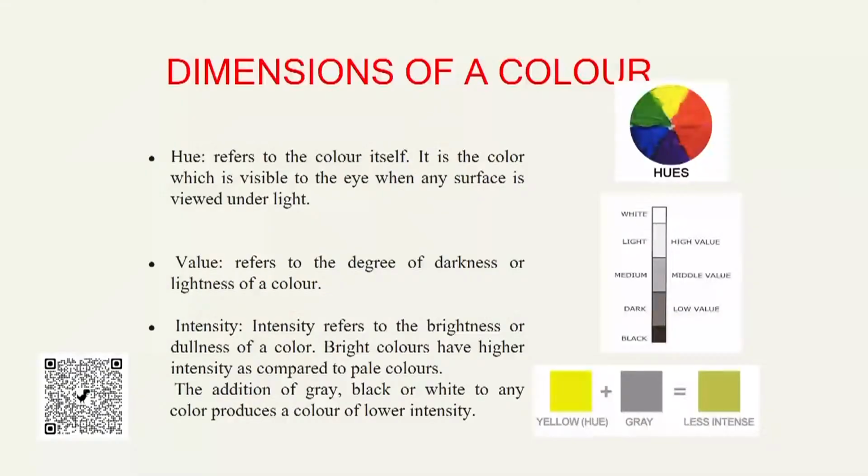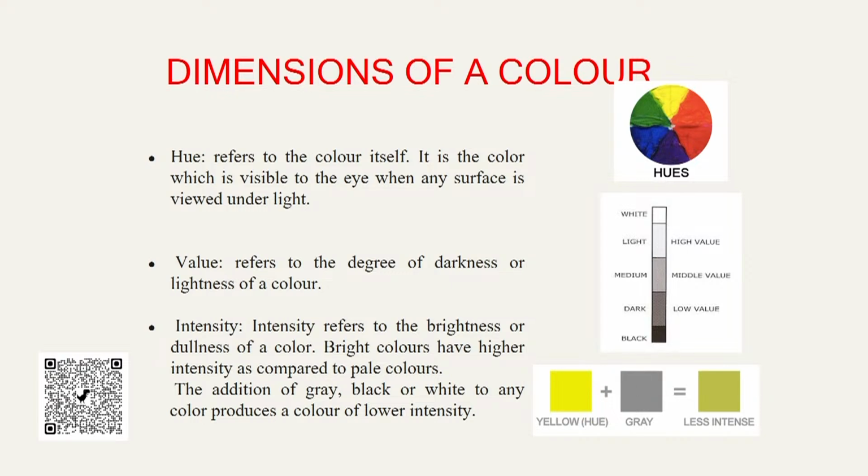For example, yellow color can be mixed with grey color to create a little greenish tint or a greenish yellow color. So as it is shown on the slide, you will notice how mixing of grey is changing the intensity. The intensity of the original yellow color is reduced.